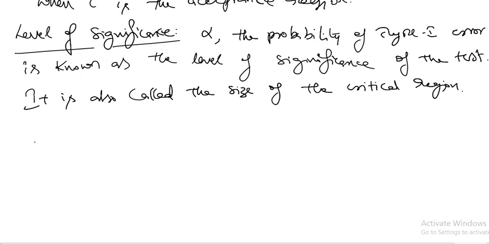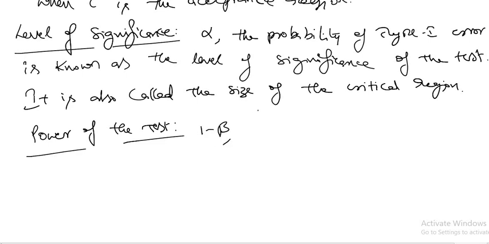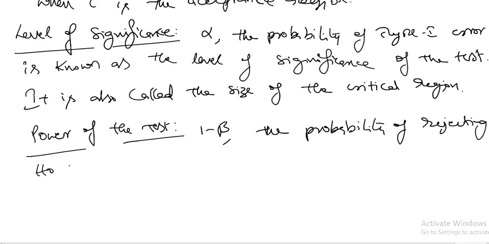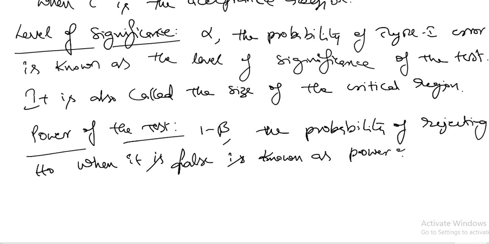Next, power of the test, which is one minus beta. Beta is what? Type 2 error. The probability of rejecting H naught when it is false is known as power of the test.